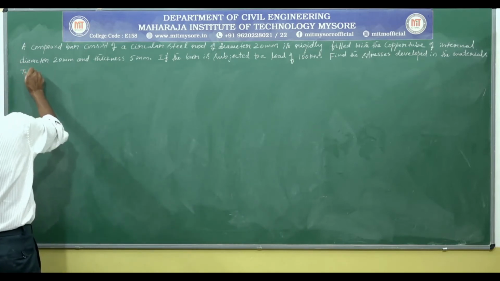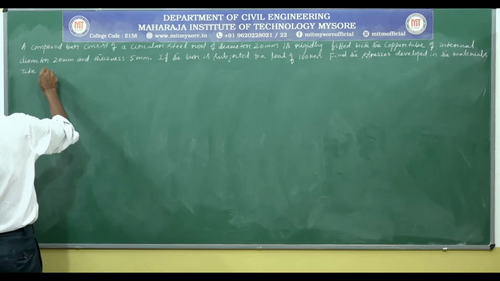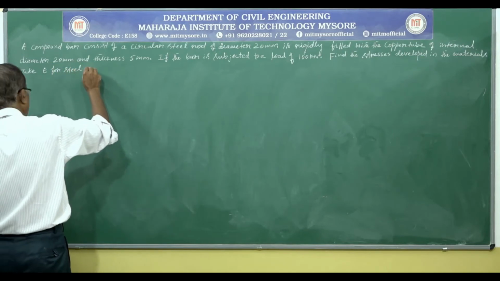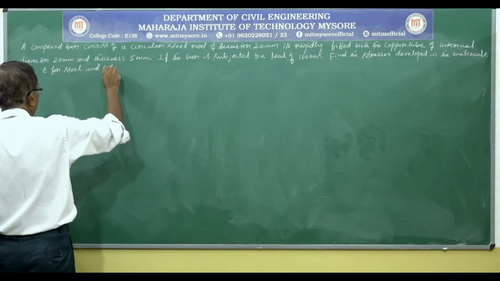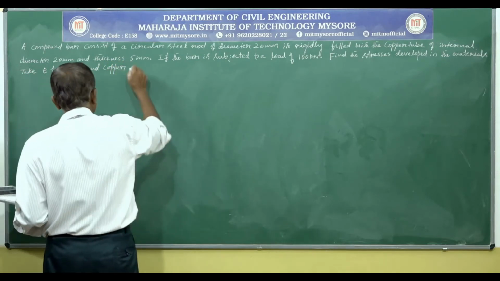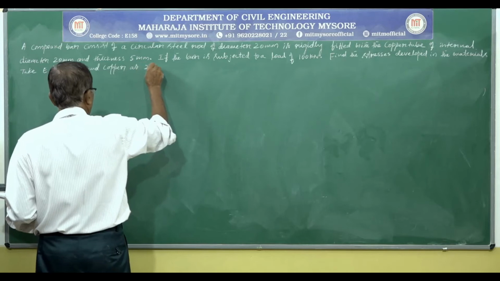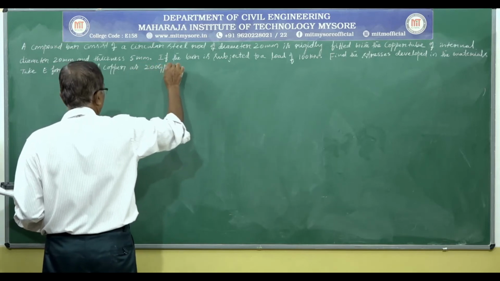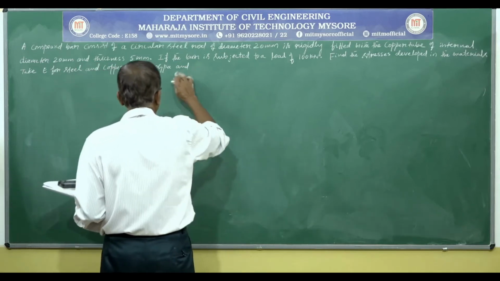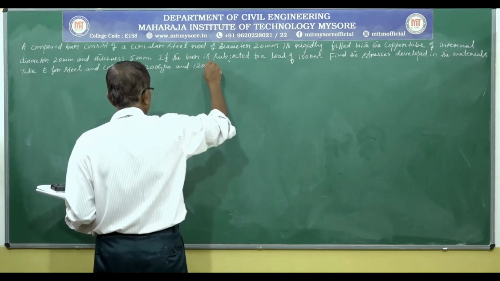Take E for steel and copper as 200 GPa and 120 GPa respectively.